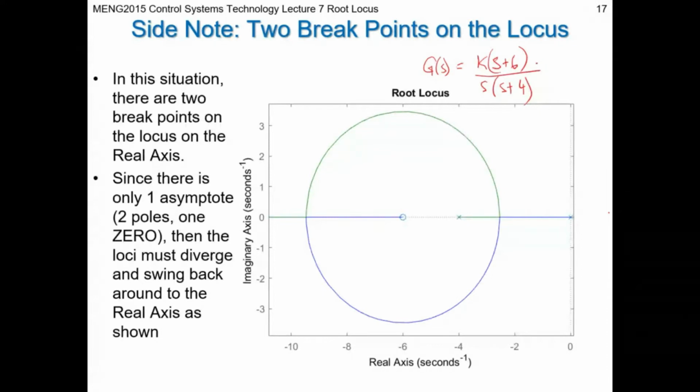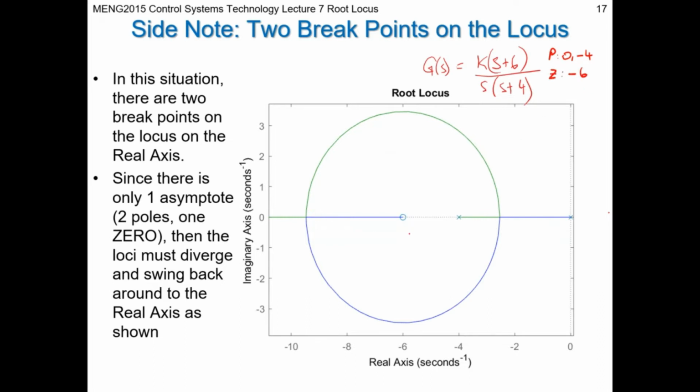This is the open loop transfer function we're looking at now. G(s) equals K(s plus 6) over s(s plus 4). So for this one, we have poles at 0 and minus 4, right? And a 0 at minus 6.